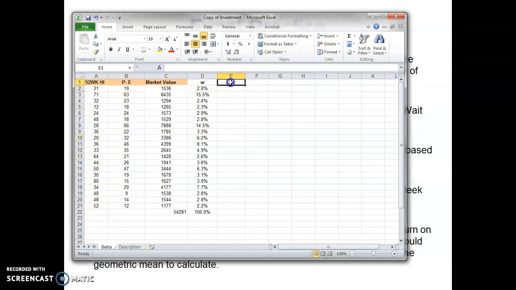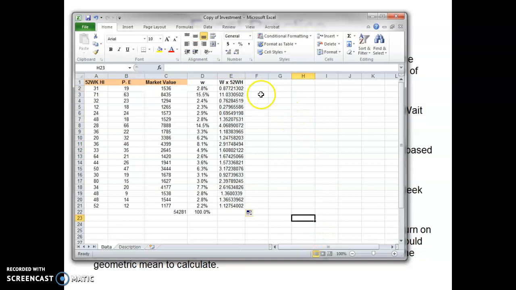So we're going to take W, which is our weight, and we're going to multiply that times our 52-week high. Okay? And to do that, we simply put an equal sign and multiply our weight times our 52-week high. And then we drag this down.